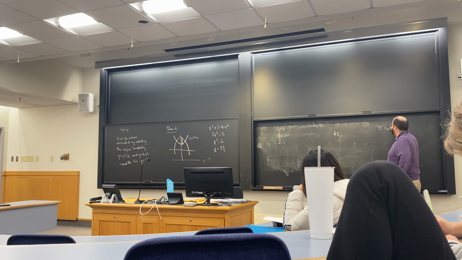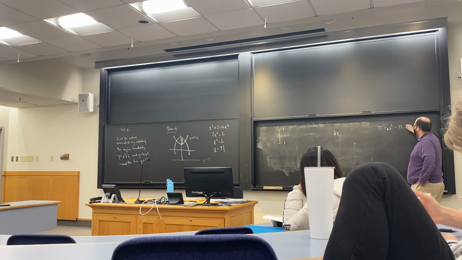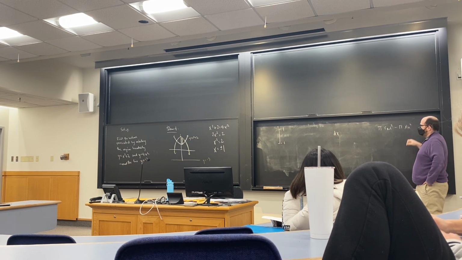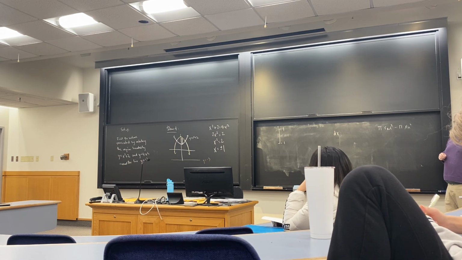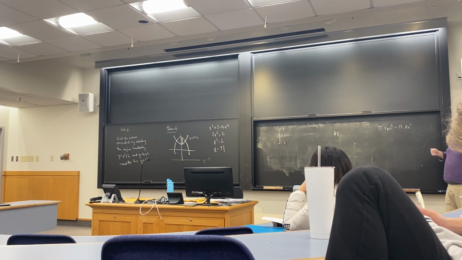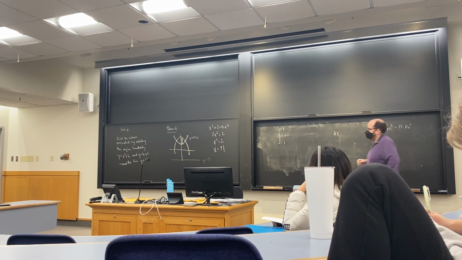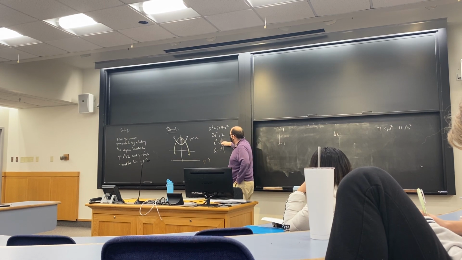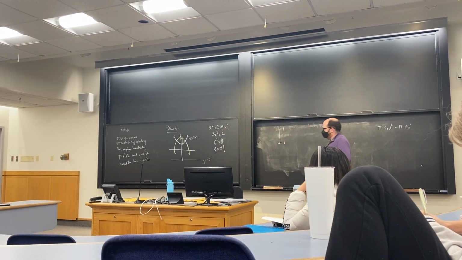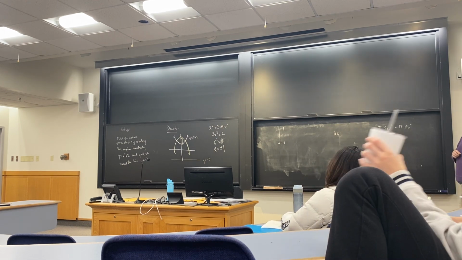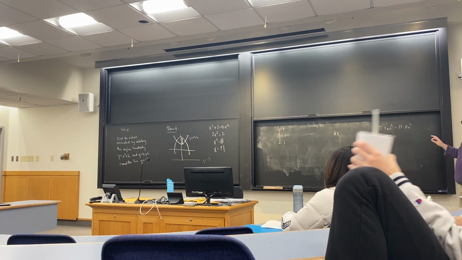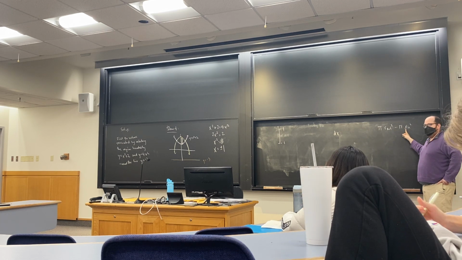Pi times the outer radius squared minus pi times the inner radius squared. Is that right? So our job is to find the outside radius and the inside radius. Is that okay? If we can find this and this, we're in good shape.